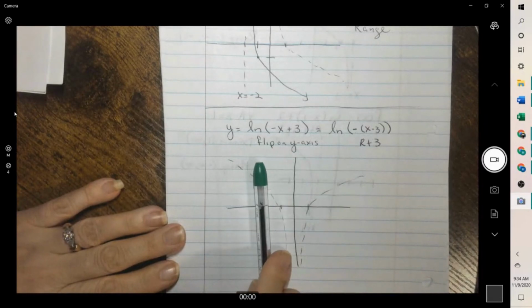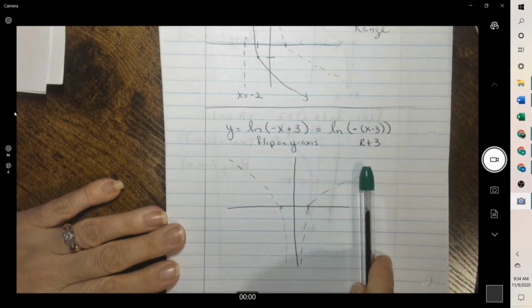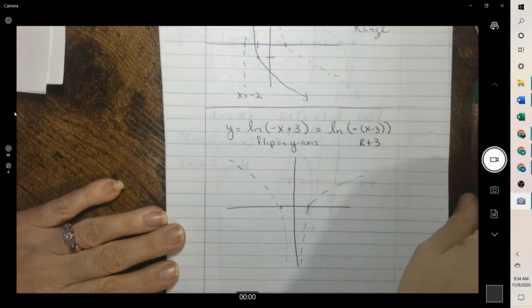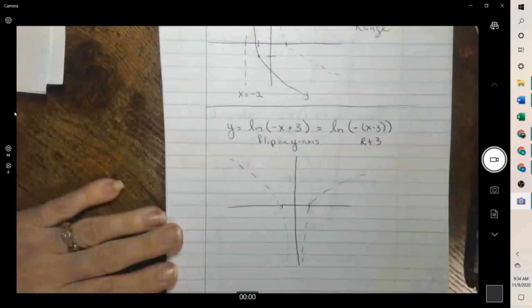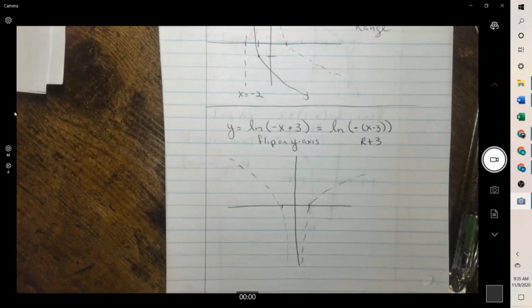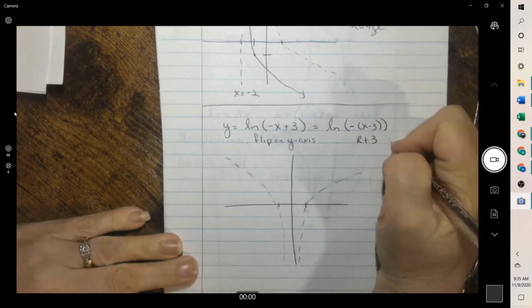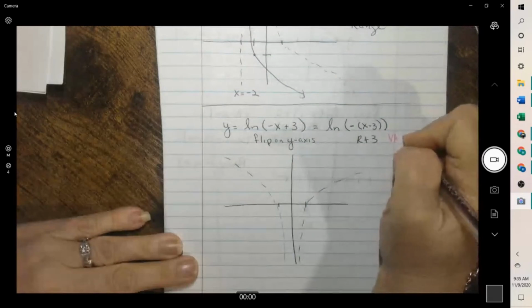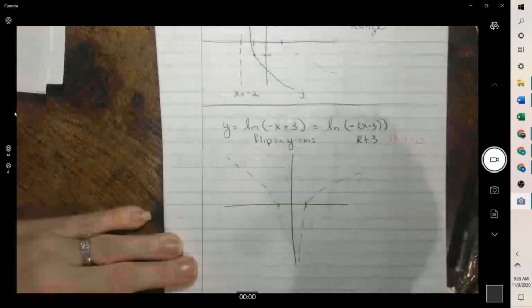And then this is going to move right 3. So our vertical asymptote is at 3.